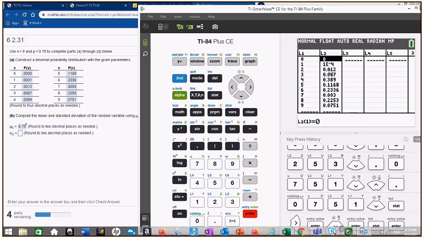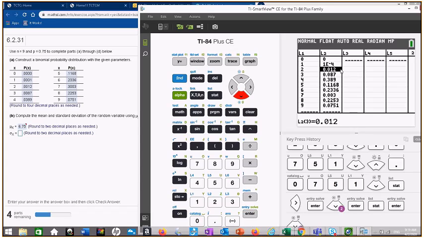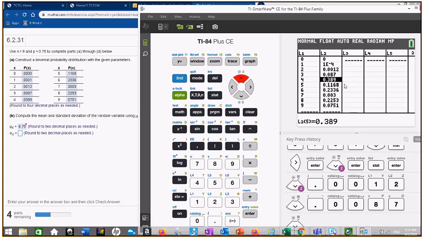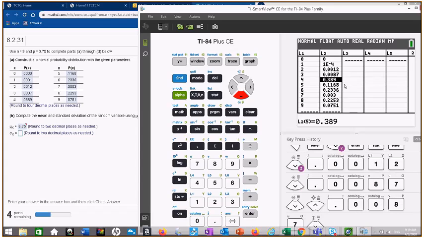I don't know what's wrong with this keyboard. 0.0012. 0.0087. You just have to beat it, see? 0.0087. 0.0389. It did that to all of them. 0.0389.